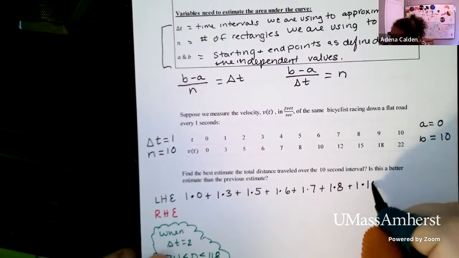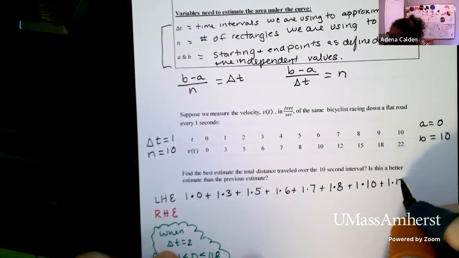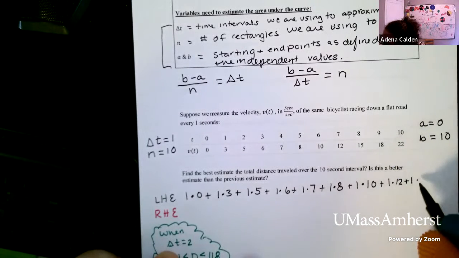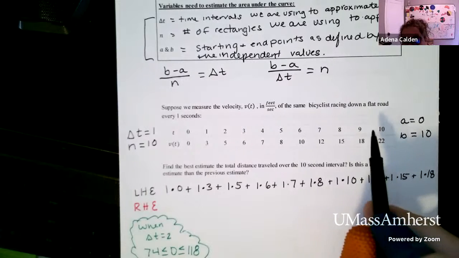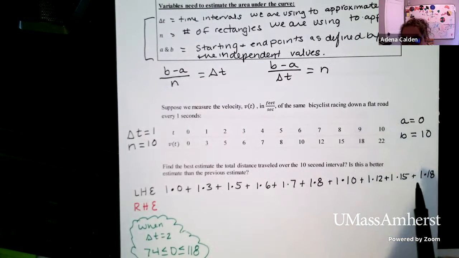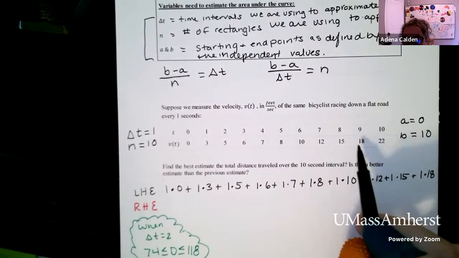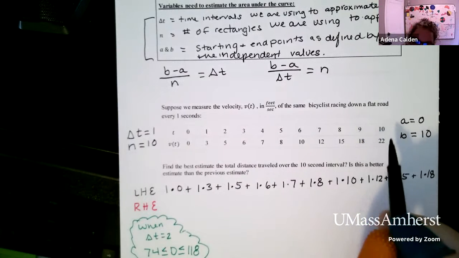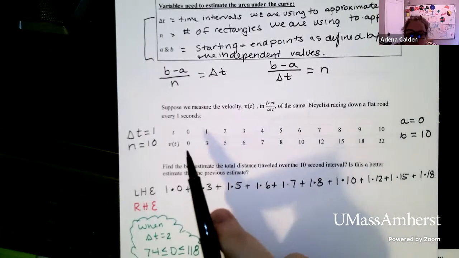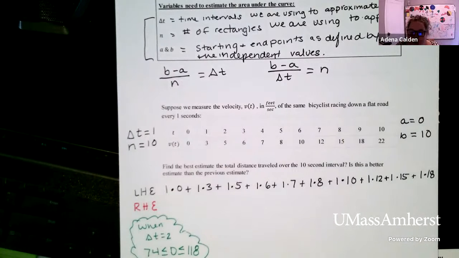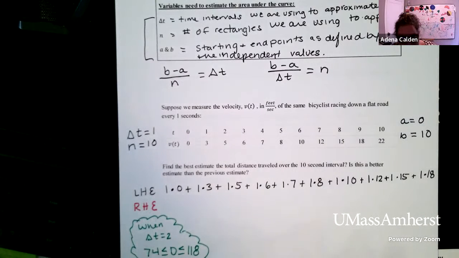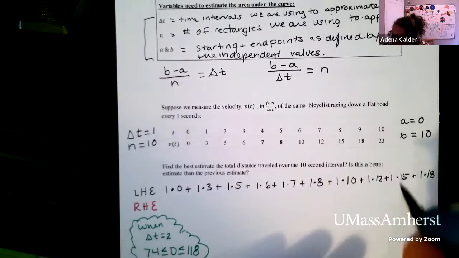Plus 1 times 10, plus 1 times 12, plus 1 times 15, plus 1 times 18. So 18 is the last rate we use because from time 9 to time 10, that's another 1 second, and we pick the rate on the left, which was 18, but we don't use the rightmost rate. So we use all of the rates except for the rightmost rate. We do 1 times each of those numbers, add them all up, and we get 84 feet.